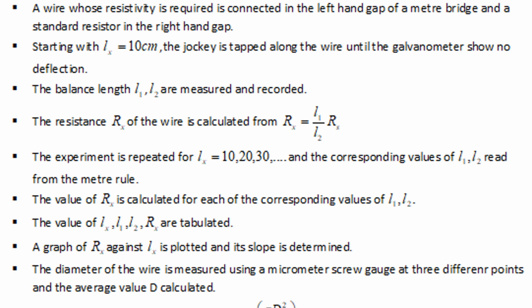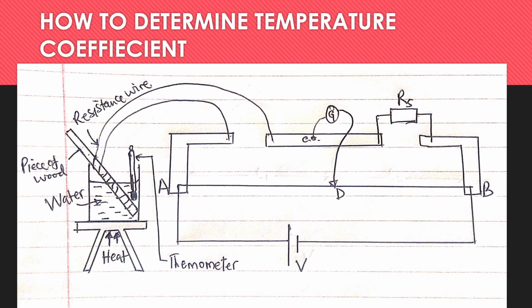You plot a graph of Rx against Lx, the length of the wire. That graph is going to give you a straight line, and then its slope is determined. Then you determine the diameter of the wire using a micrometer screw gauge at 3 different points and calculate the average value.